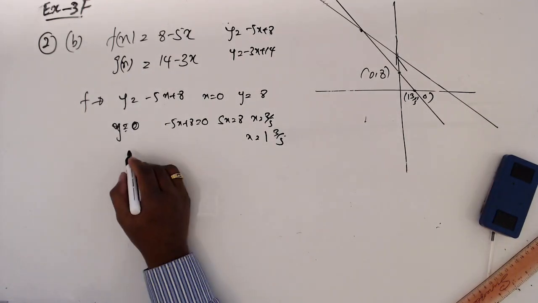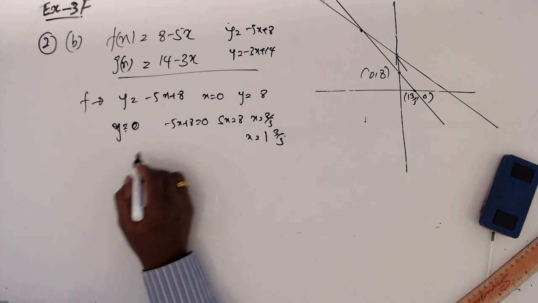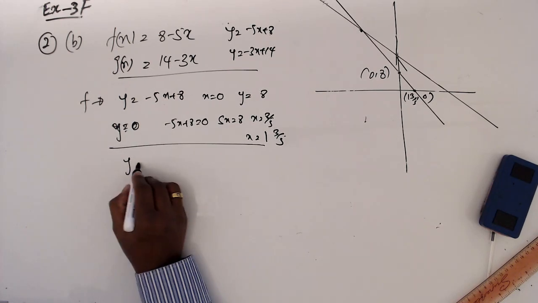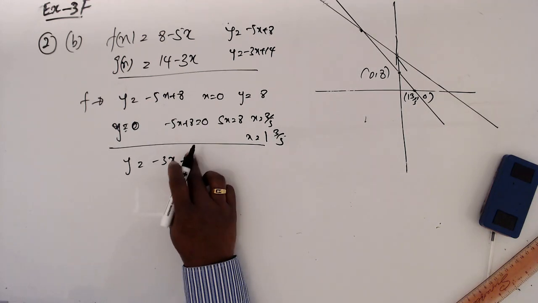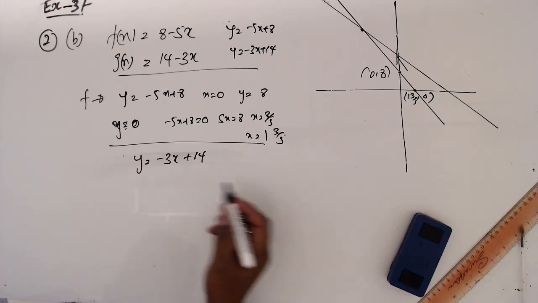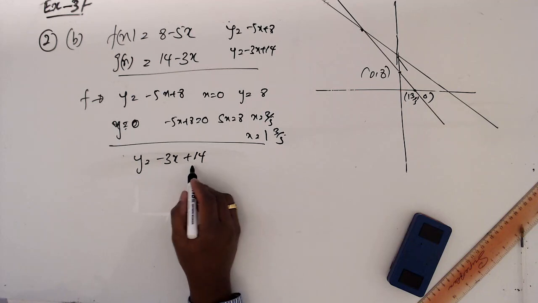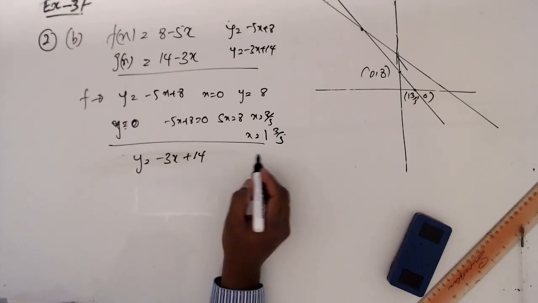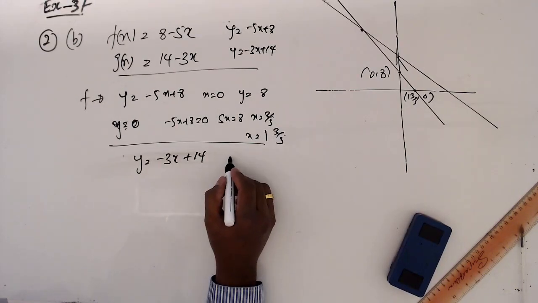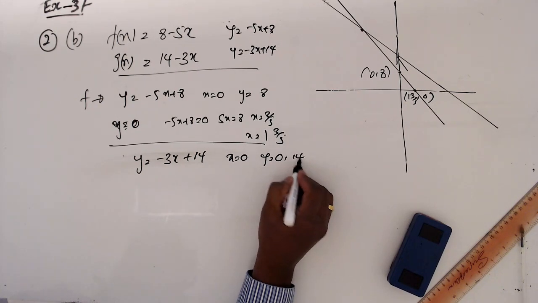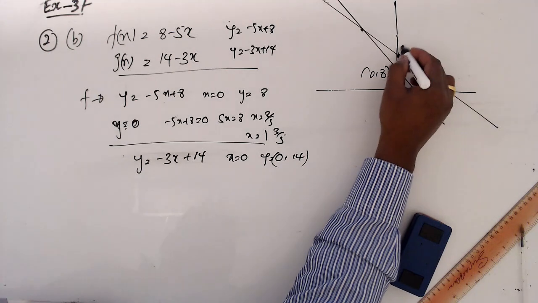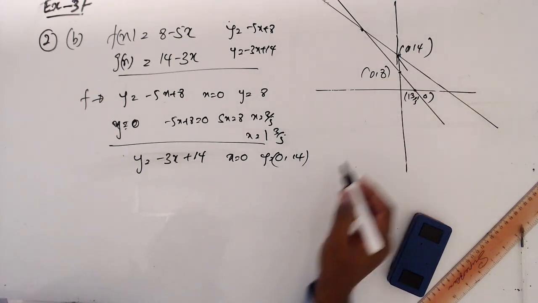And g(x). We'll take this one. y equals minus 3x plus 14. When x equals 0, y equals 14. So 0, 14 is going to be here.